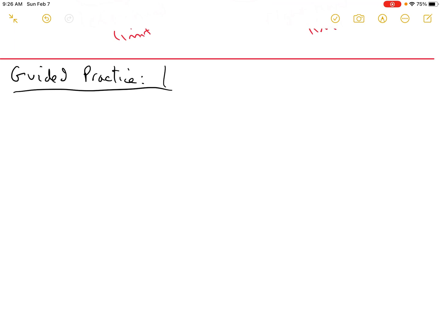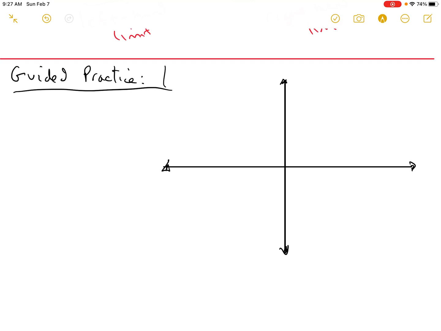I'm going to make a fun little function here. I need 1, 2, 3.